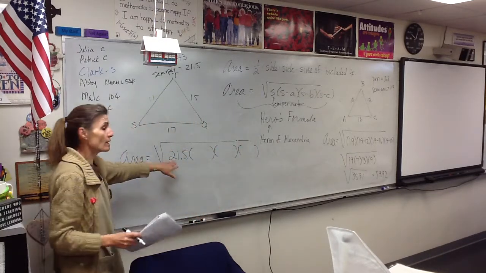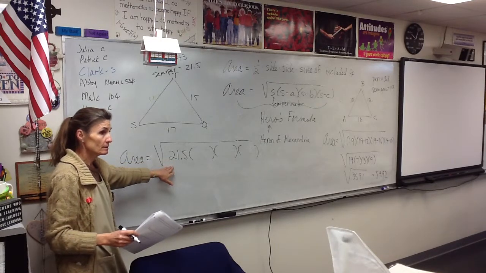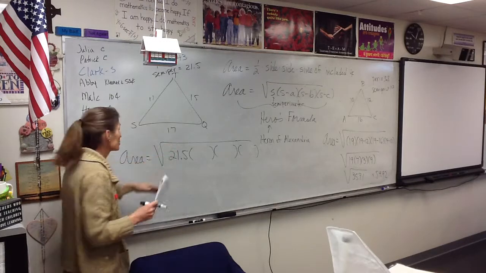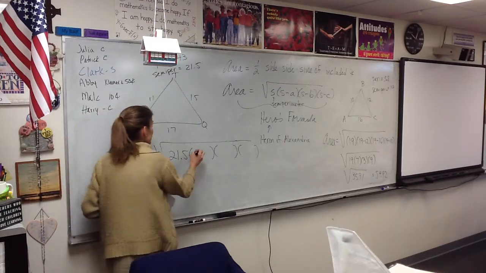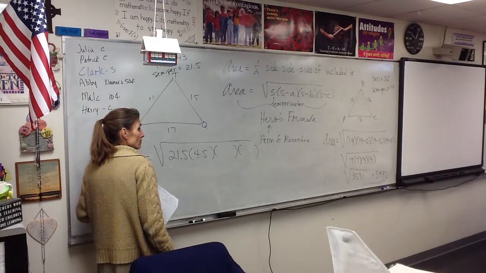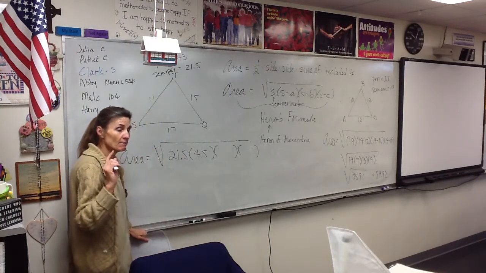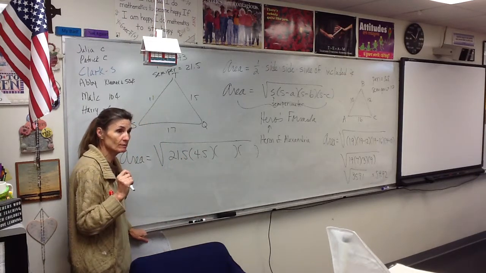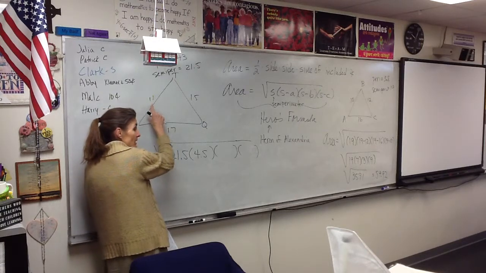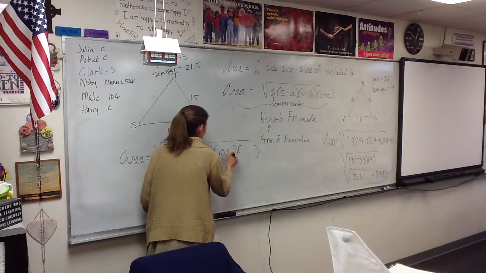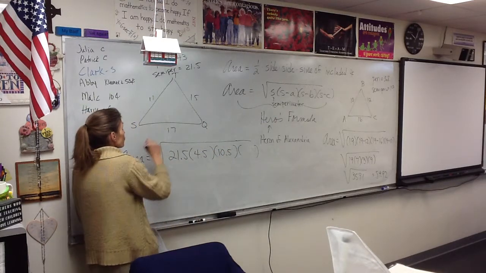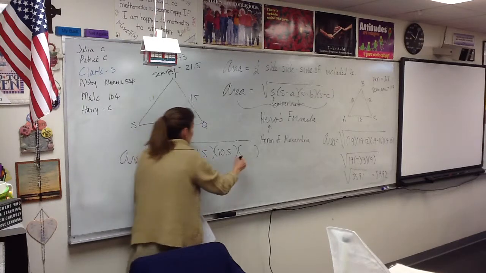Then we take 21 and a half and subtract each of these. So 21 and a half minus 17. Now I'm old, I can do that in my head. If you can't, put it in your calculator. 21 and a half minus 11. 21 and a half minus 15.